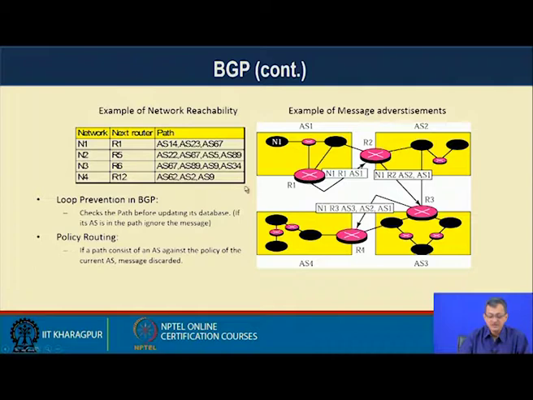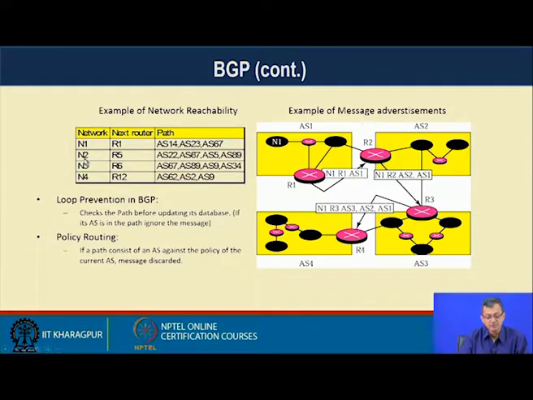So, if it is that router N1, for network N1, the next router is R1 for this AS, and the path to reach there is AS 14, AS 23, AS 67, right. So, this is the way it is defined.